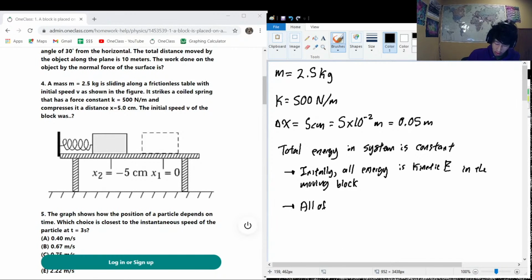All of that kinetic energy is then transformed into spring potential energy.